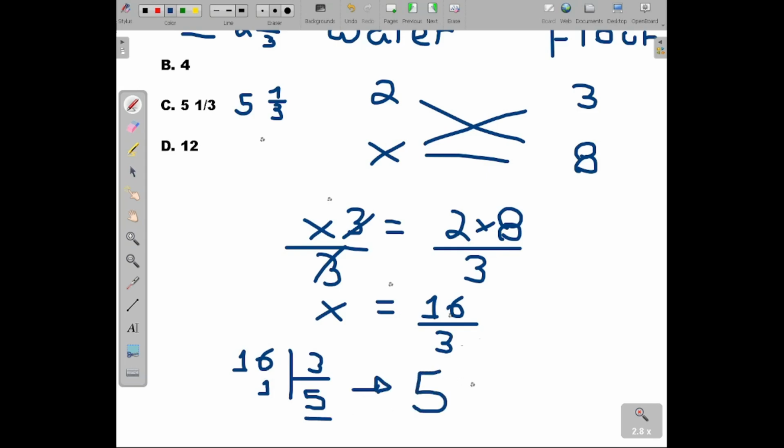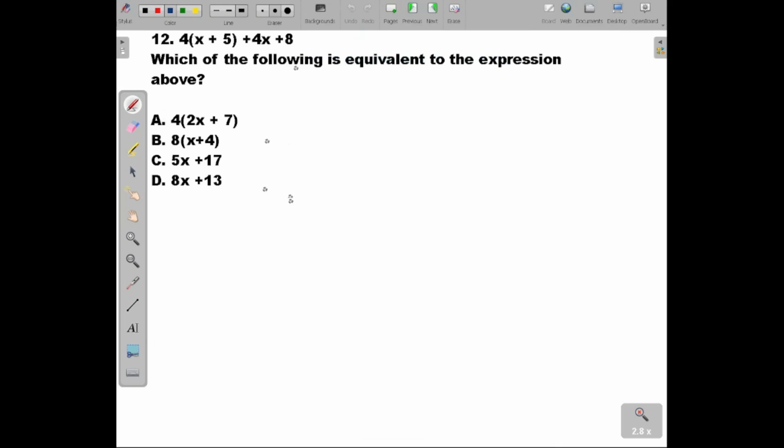We write the quotient, and the fraction is the remainder divided by the dividend, which is 3. So this is the right answer. The right answer is C.